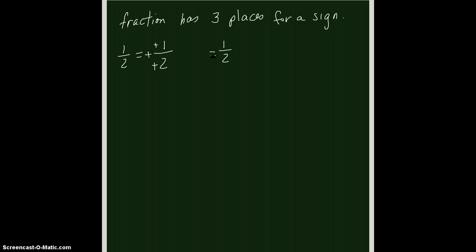Notice that if I have A over B, let me give you an indication where these signs would go: right in front of the A, right in front of the B, or right in front of the division bar. Those are our three locations for signs. So right now, I actually have three signs in this -1/2. I have a positive, which we don't normally write, but I'm going to write it here just for emphasis, +1.